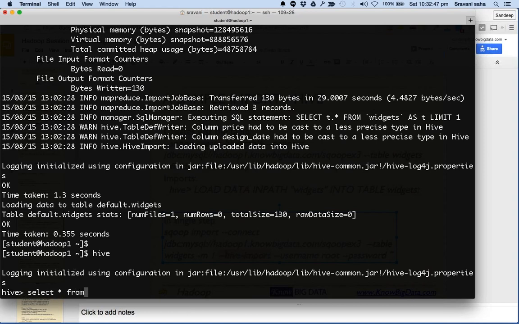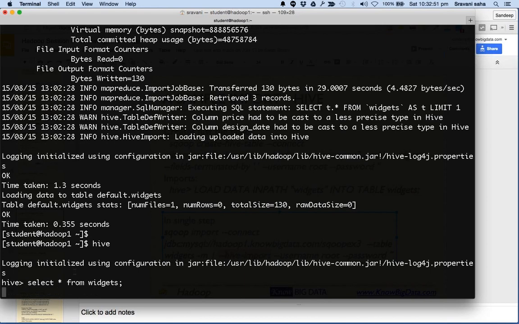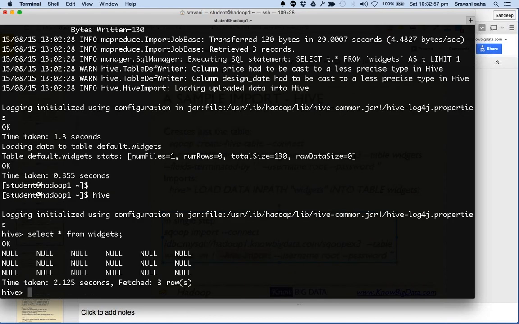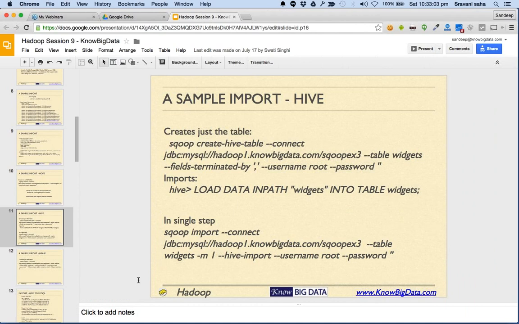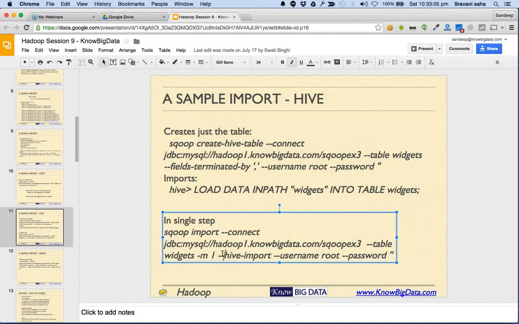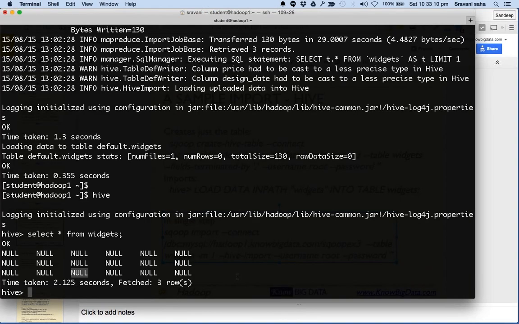Select star from widgets. Alright, drop table.